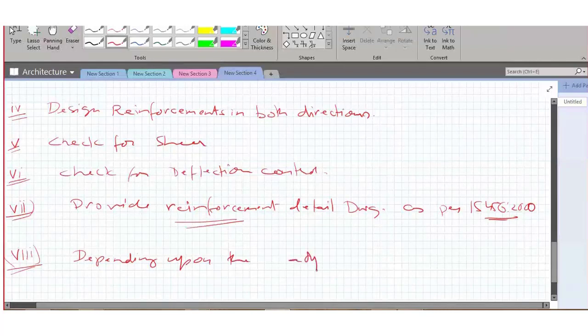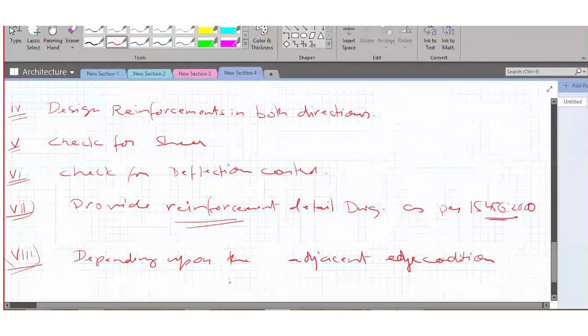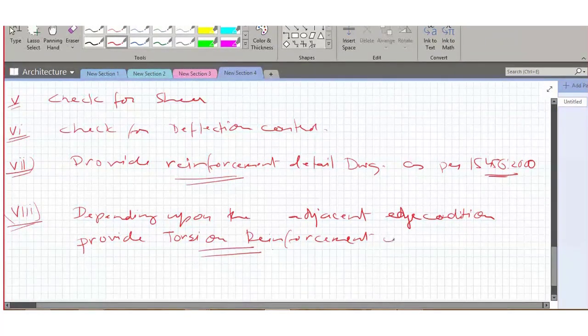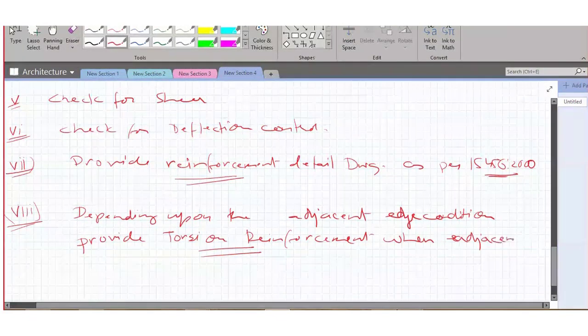So you look into the adjacent edge condition, and depending upon it, provide torsion reinforcement.